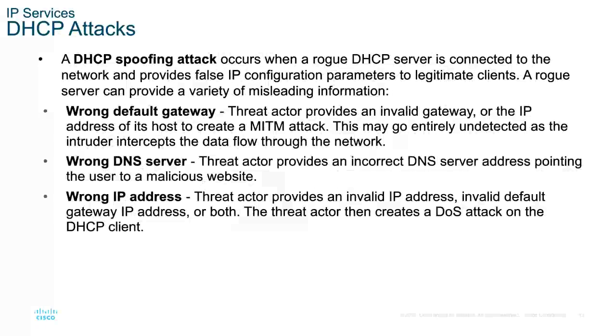So basically we get an invalid gateway address or something that allows them to perform man-in-the-middle attacks. We can redirect them to an incorrect DNS server, which then redirects them to malicious websites, and we perform attacks from there.